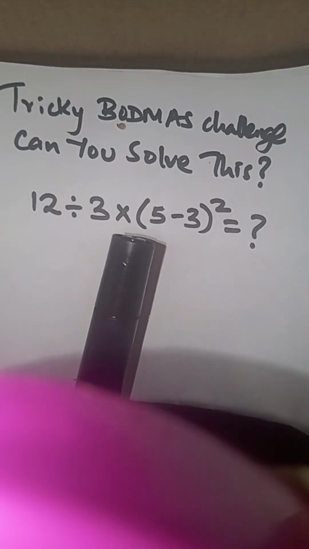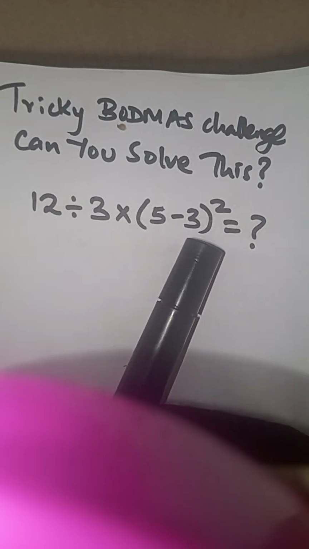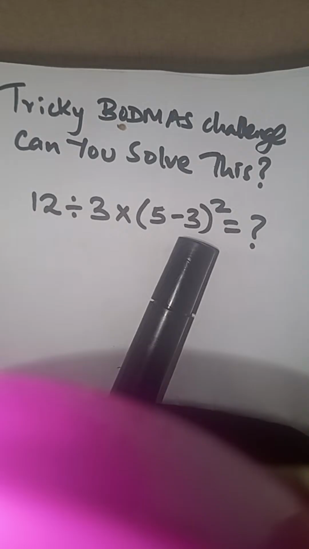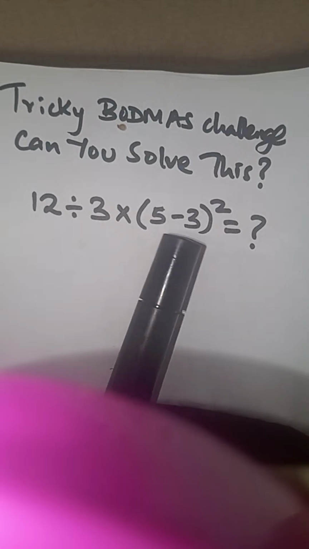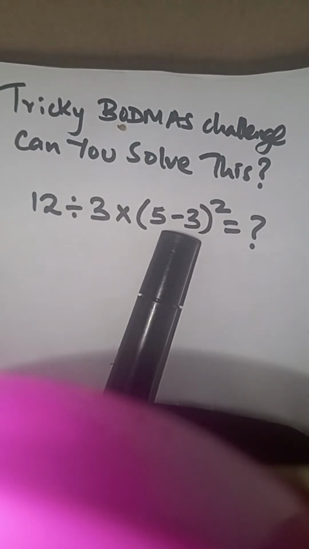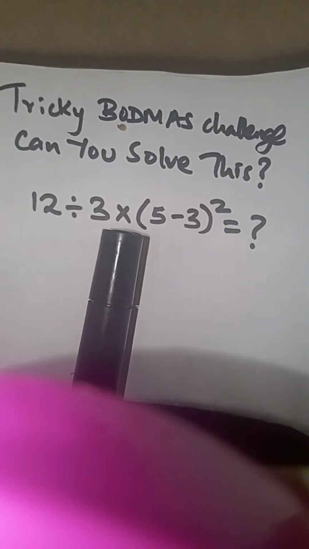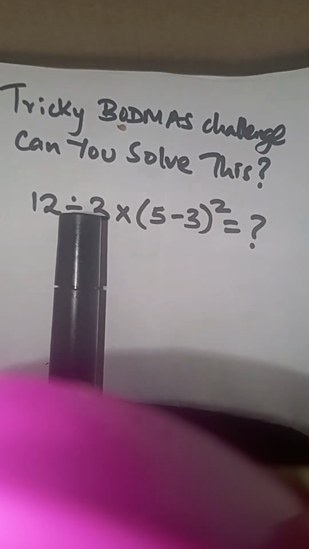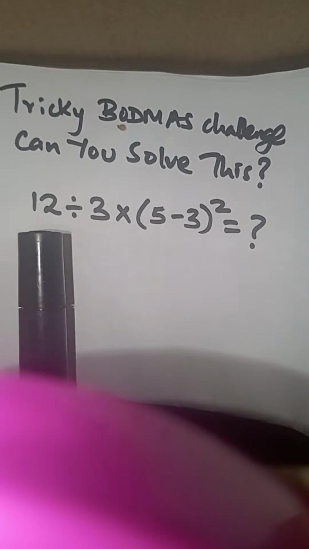Spiral is saying that 5 minus 3, we're gonna get 2. And then taking 2 squared, 2 squared is 4. So here we have 4. 12 divided by 3 shall also get 4.